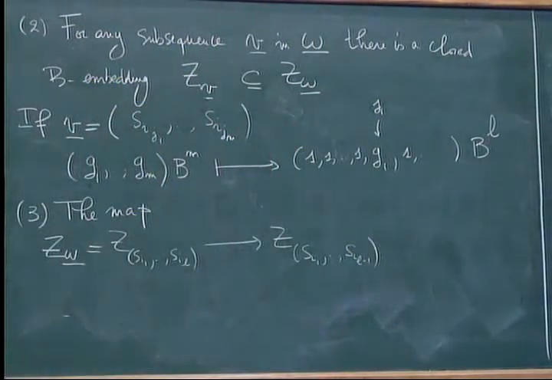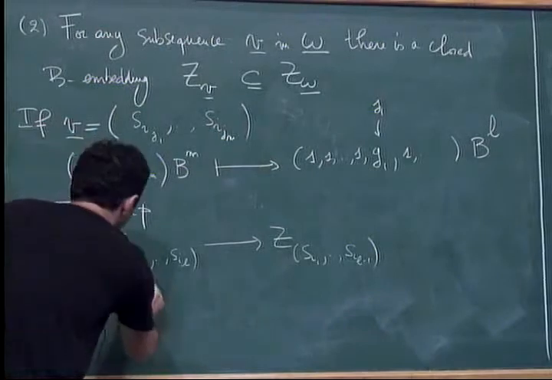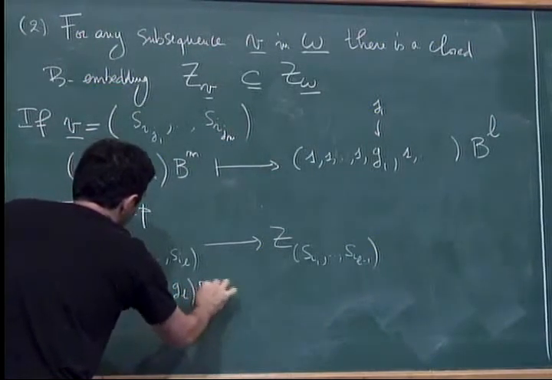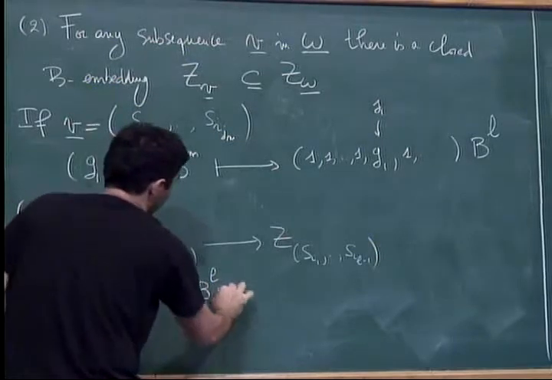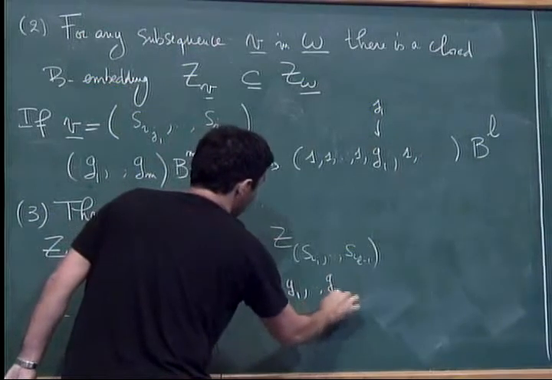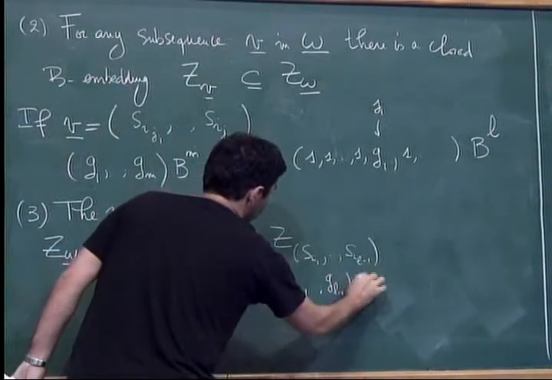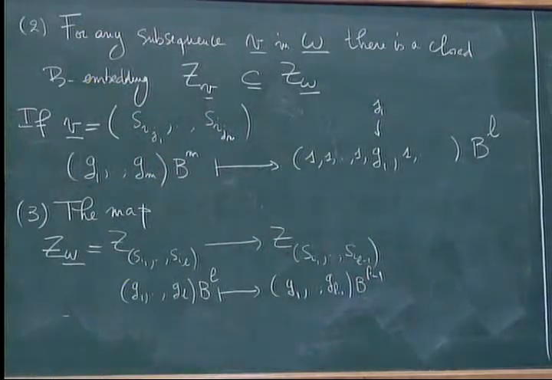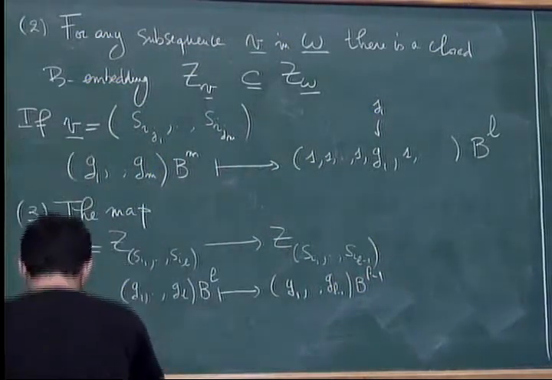So this is the natural map: G1 up to GL in B to the power L is mapped to, you forget the last one. So this is a morphism, and in fact this is a B equivariant morphism.